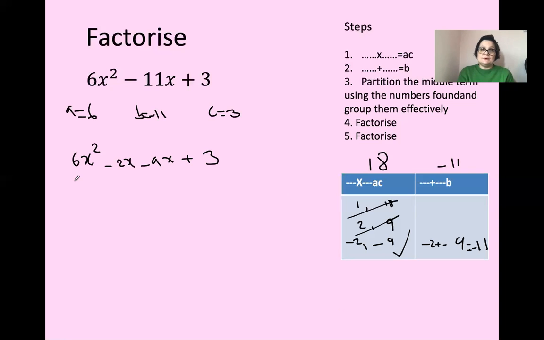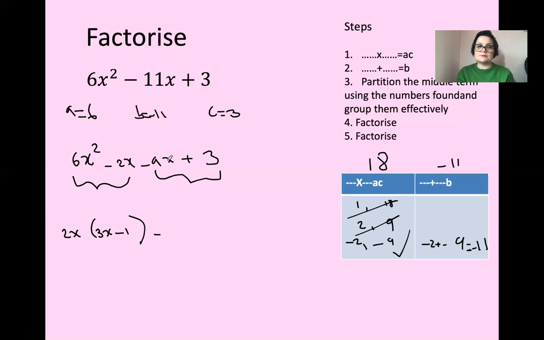Right, now we will group these, grouping them effectively. And so the highest common factor of the first group is 2x. 2x, open the bracket, 3x, okay, minus 1. Because we got the 2x outside, so it's minus 1.